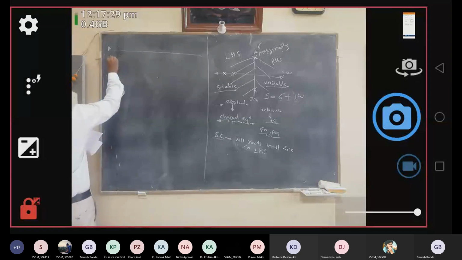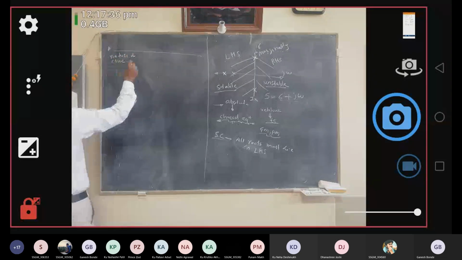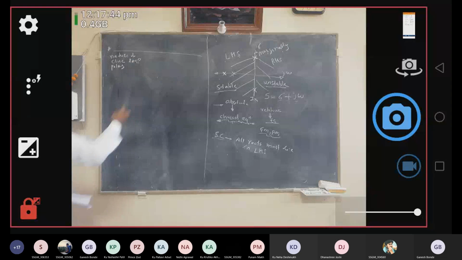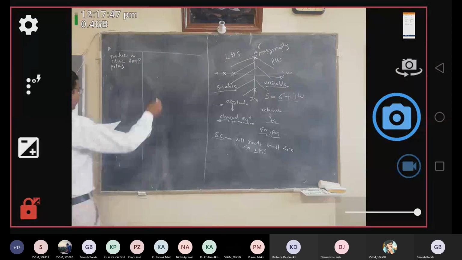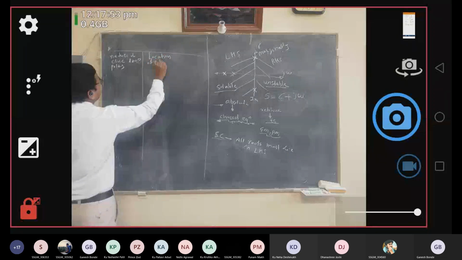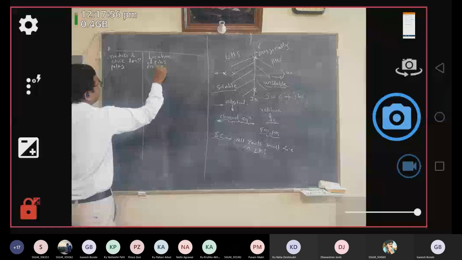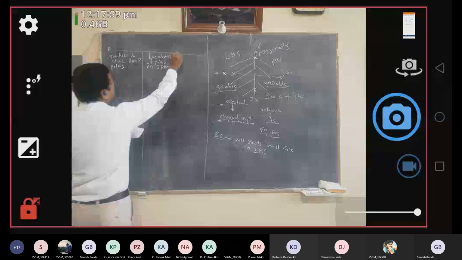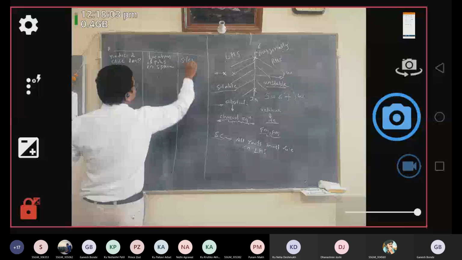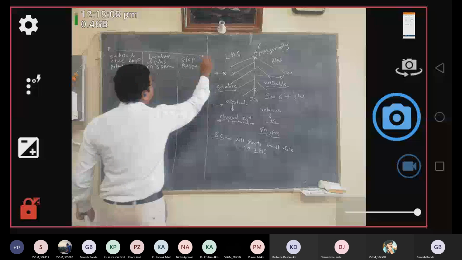Let's say the first column is the nature of closed loop poles, the second column is the location of poles in the S plane, the third one is its step response, and the last one is about the stability.